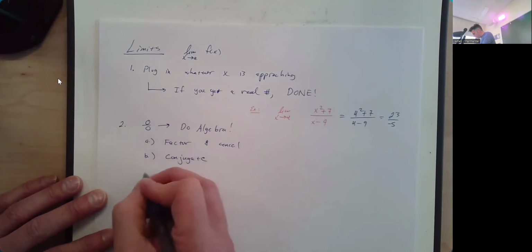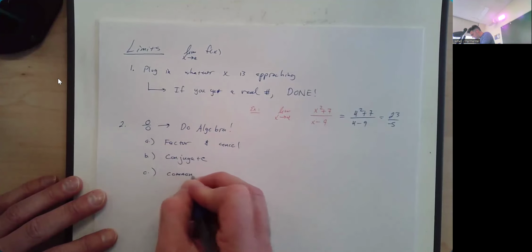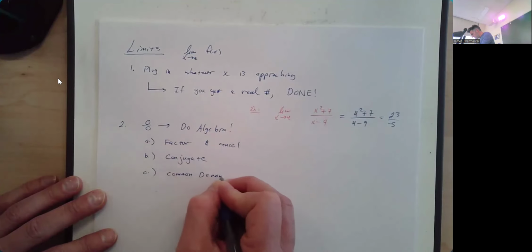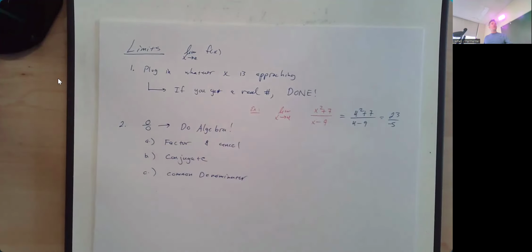Or if you see some fractions and fractions, get a common denominator. Those aren't the only things that we do when we have 0 over 0, but they're the first things we try if things look relatively algebraically manipulatable. If you can manipulate things algebraically, these are the things to try.